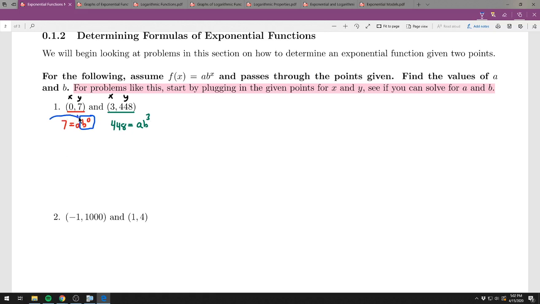I think I mentioned this before in a previous video: basically before calculus, anything raised to the 0 power is 1. You'll see some examples in that class where it's not quite true, but anything raised to the 0 power is 1 in this class. We're not going to see any of those different type of examples.